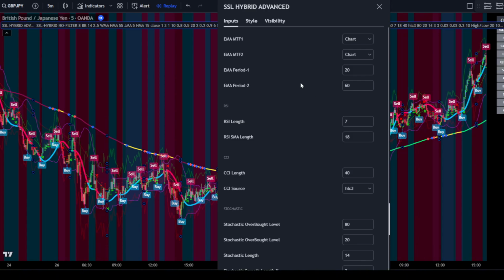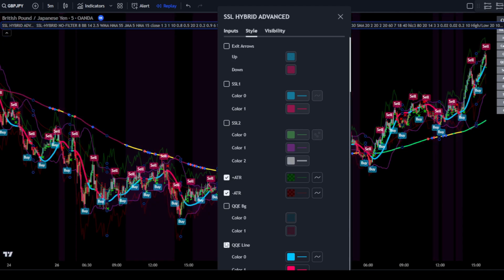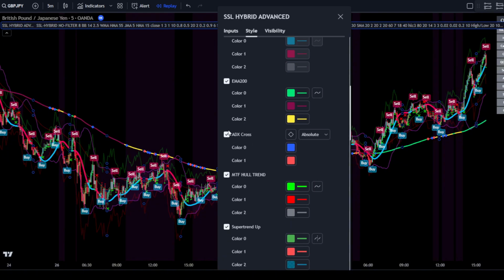Now, go to the Style tab. In the Style tab, uncheck all the boxes except for ATR, EMA 200, MTF EMA 1, and MTF EMA 2.